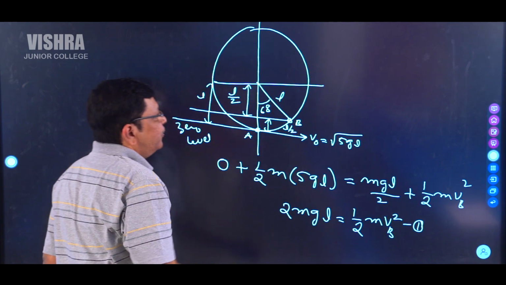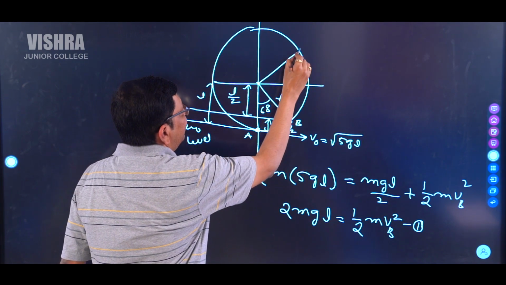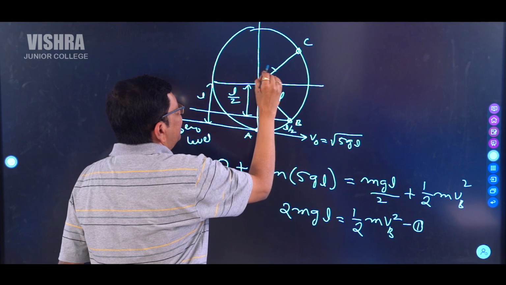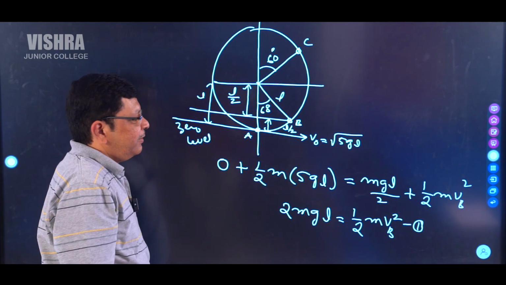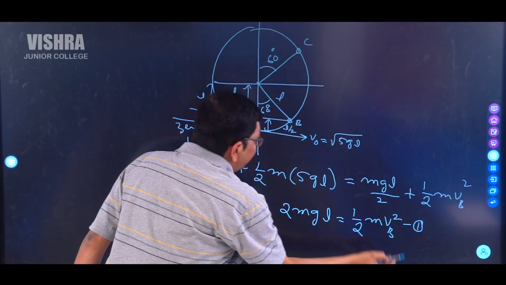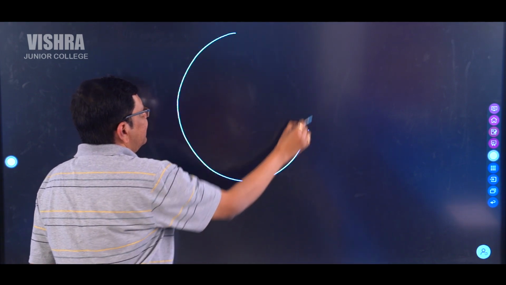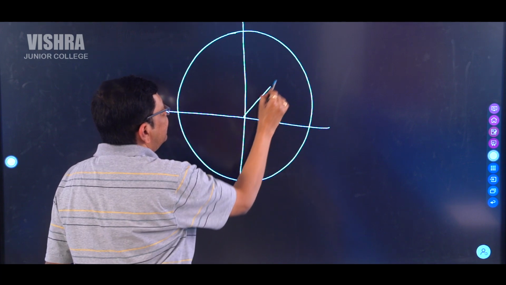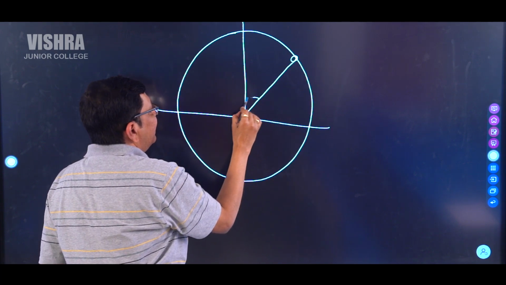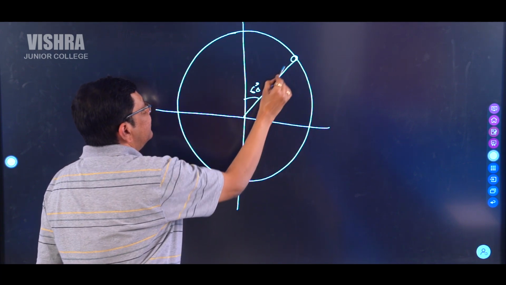Next, let us go to the other point, which is C. When it is at point C, again the thread is making 60 degrees with the vertical. In the vertical circular motion, when it has reached point C, again this angle is 60 degrees.